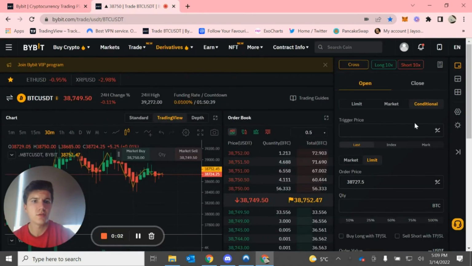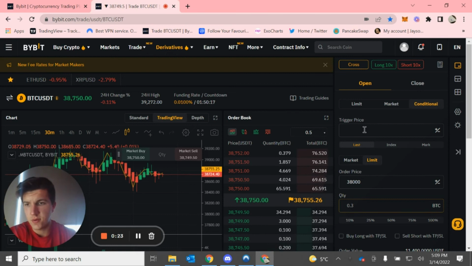Next is a conditional order, and these can be a little bit confusing. Say you do want to buy lower, and so let's say you want to order Bitcoin price at 38,000. And so price will go down and say it does hit 38,000.